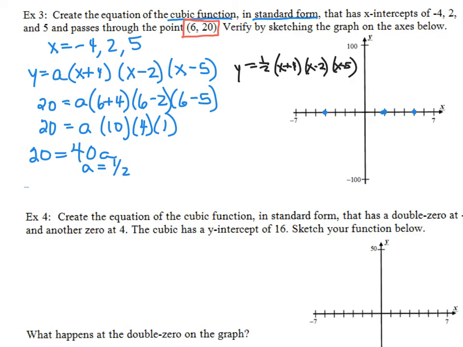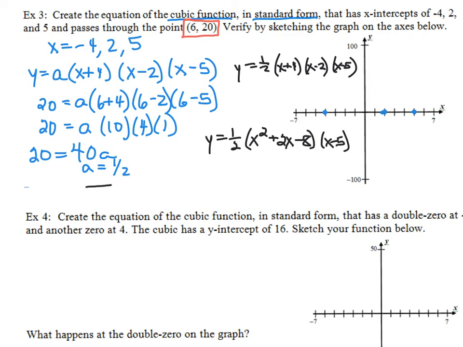Now because I have 3 factors to multiply together, I'm going to multiply 2 of them at once. So let's say x plus 4 times x minus 2. Double distribute, so that's giving me x squared plus 2x minus 8 multiplied by x minus 5.